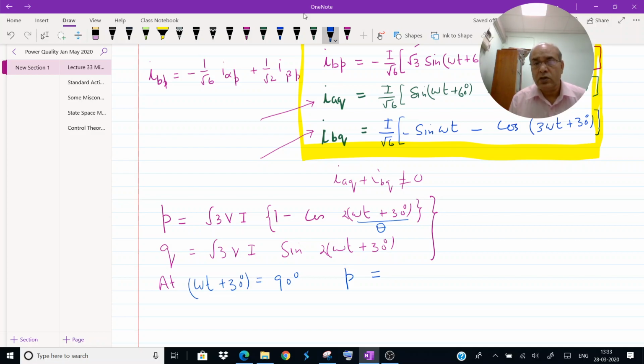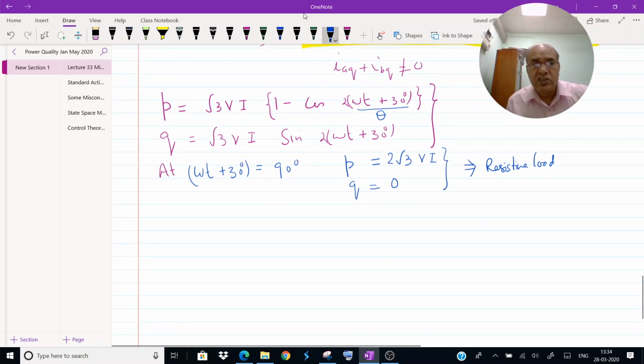So basically it becomes root 3 into 2 bi, or 2 root 3 bi. What is Q? Q is sine 180, which is 0. And this indicates a resistive load, correct? Because reactive power is 0.